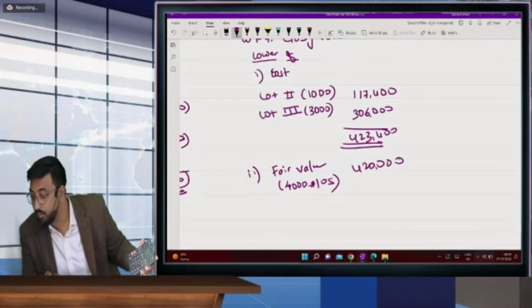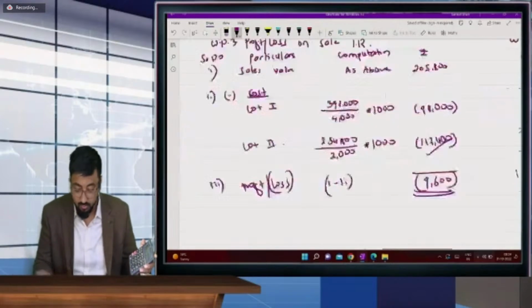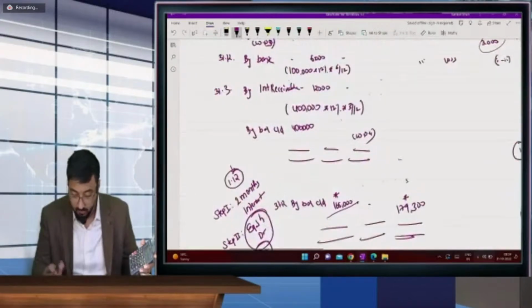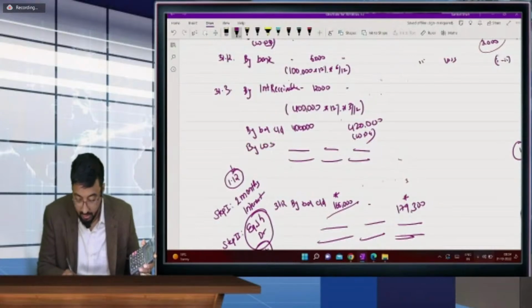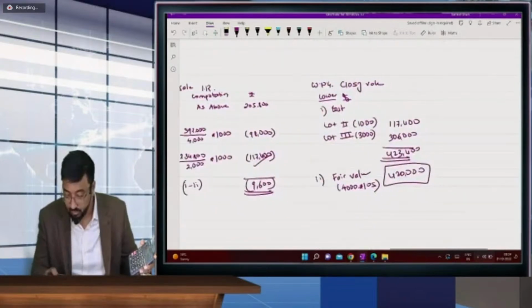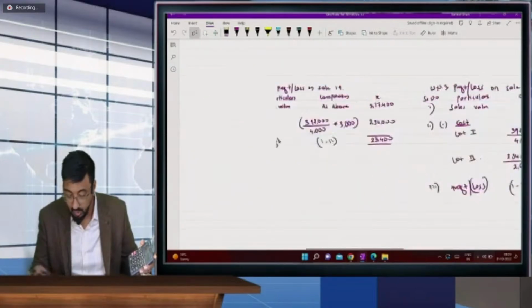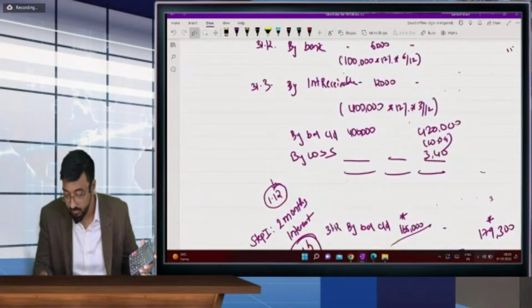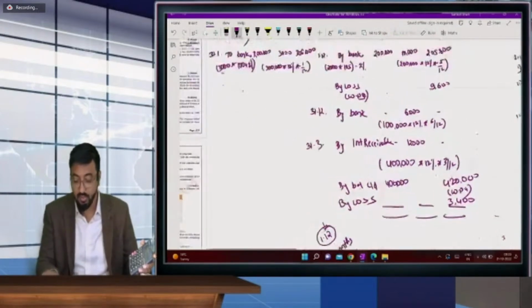Whichever is lower, so by balance carried down, I will record it at 4,20,000. So again, I am having a loss, reduction in the value, 3,400. And now you can tally, by loss 3,400.